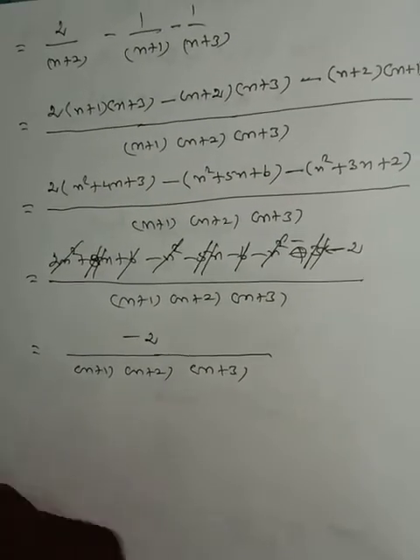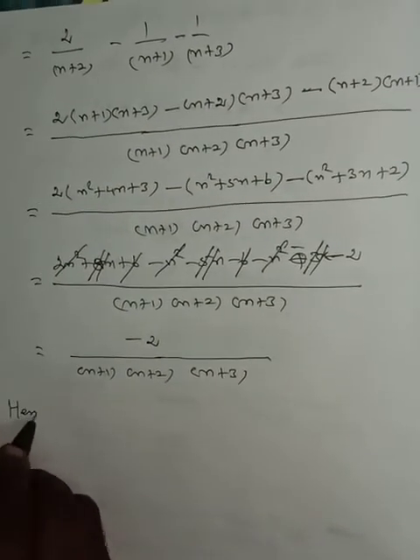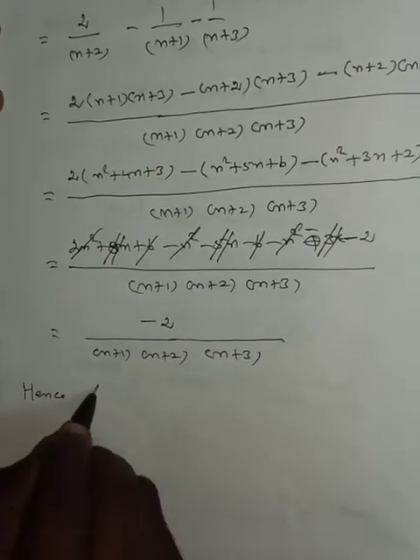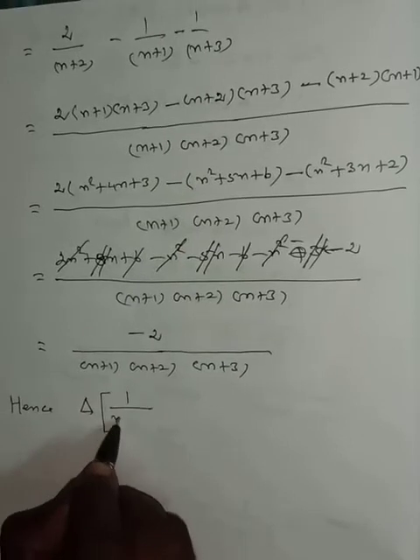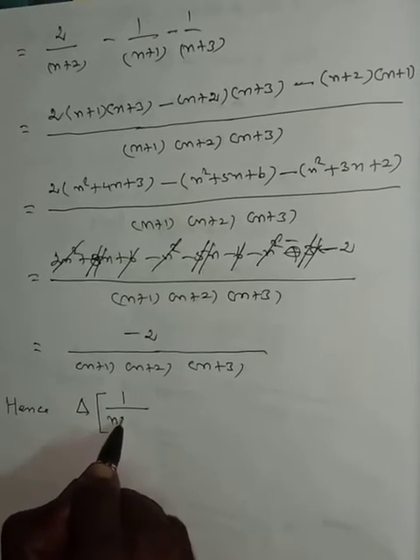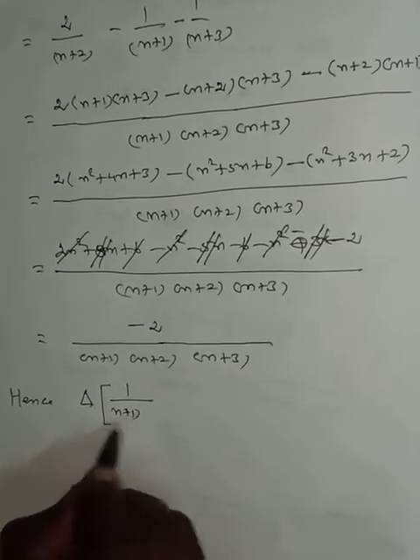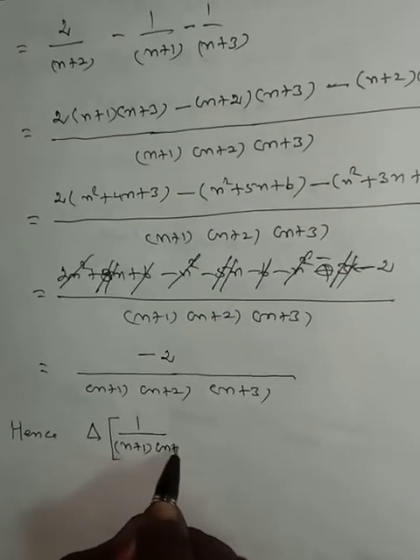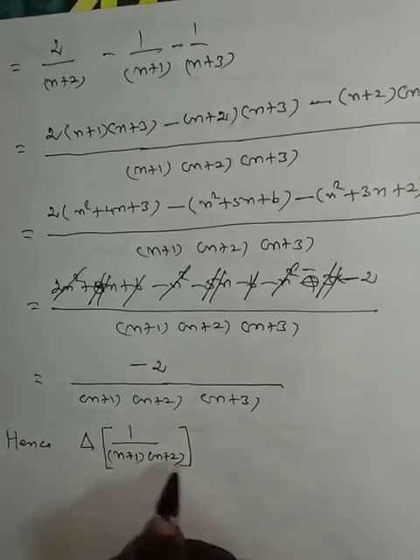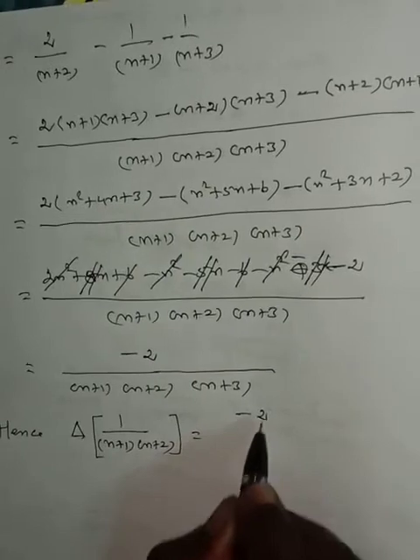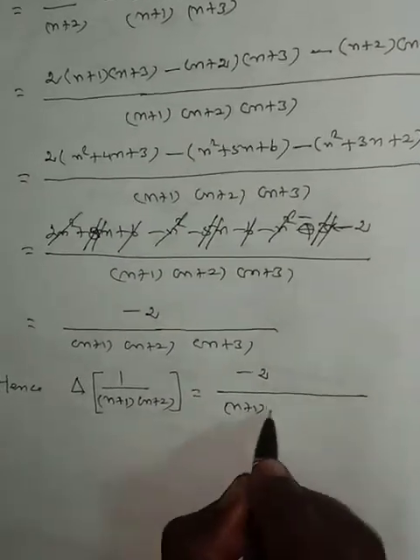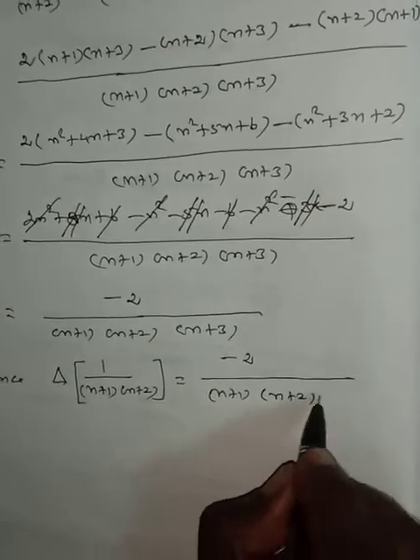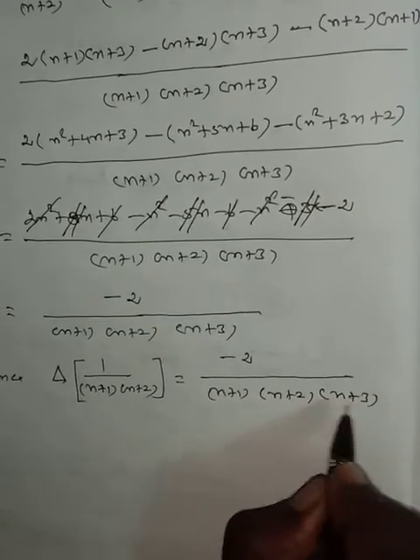Hence delta of 1 by (x plus 1)(x plus 2) is equal to minus 2 divided by (x plus 1)(x plus 2)(x plus 3).